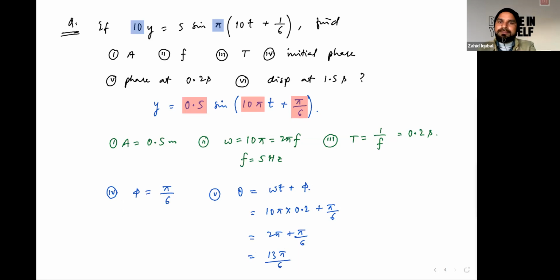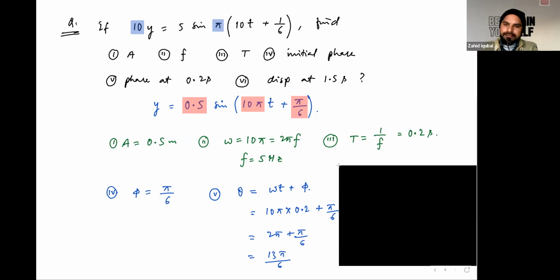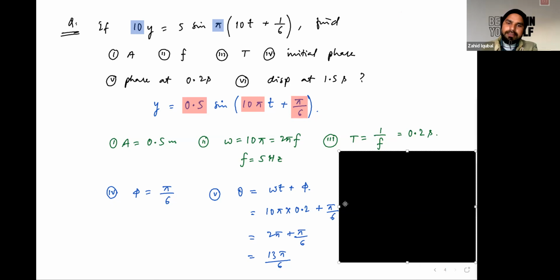Khalid, is it clear? Yes, sir. In the last part, we have to calculate displacement at time 1.5 second. According to the formula, y is equal to 0.5 times sine 10 pi.